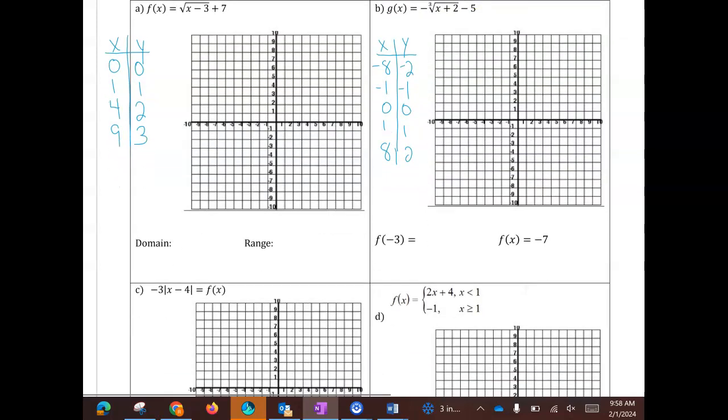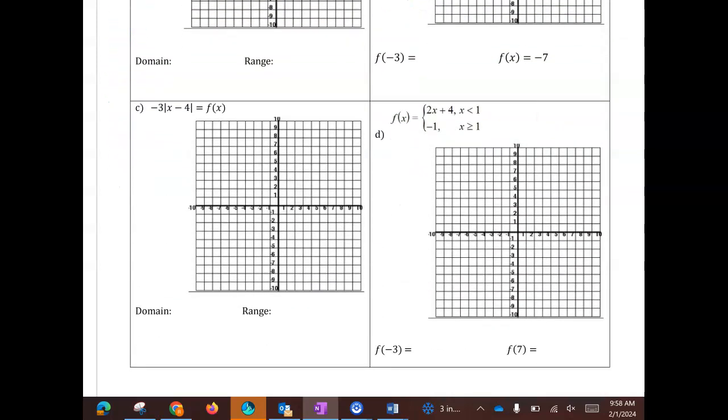And then when we do the absolute value on C, these are the x values we will use. And here are their y values because we're taking the absolute value of the x's, and that turns everything positive. All right, D is our line, so we'll deal with D when we get to D.